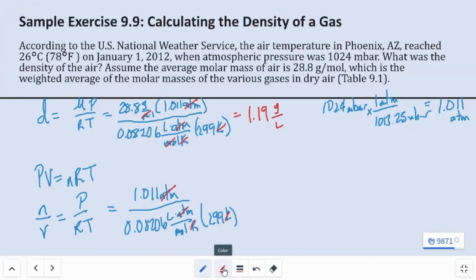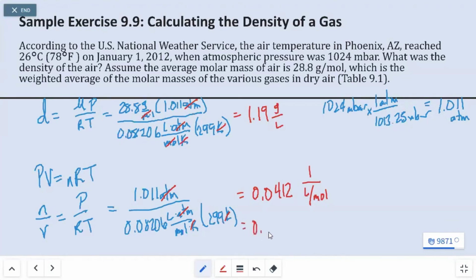What I have at the end of this process is 0.0412 over liters per mole, which, if you remember from algebra, a reciprocal of a fraction just flips that fraction in the denominator.